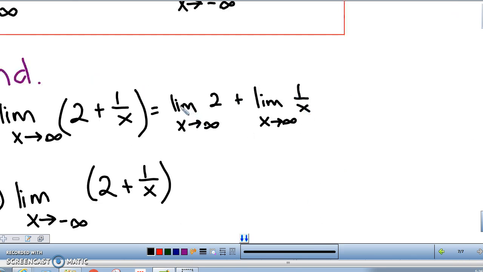Now just like in my previous examples, the limit of 2 as x approaches infinity, well, this function 2 does not have a variable x, so x is not affecting it. X approaching infinity is not affecting this. Therefore, this is just 2 plus.